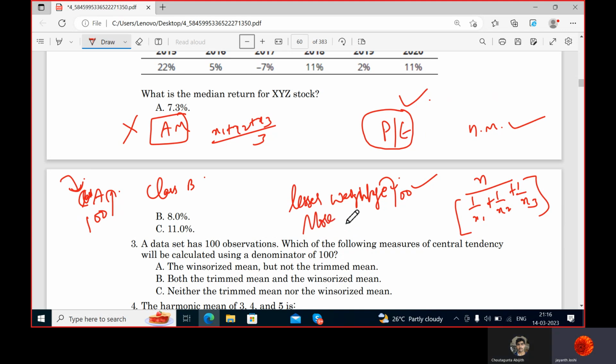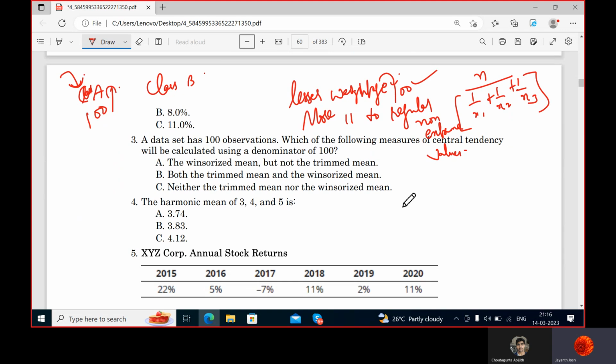And I'll show you how. I'll put a small table in front of you.